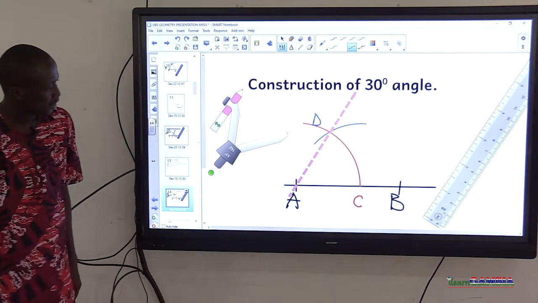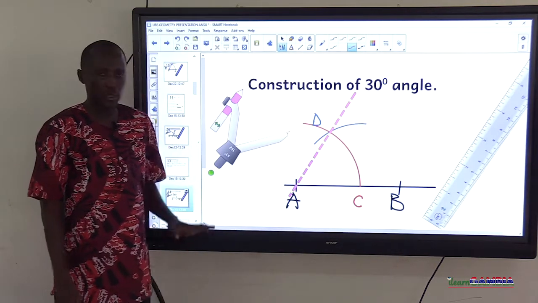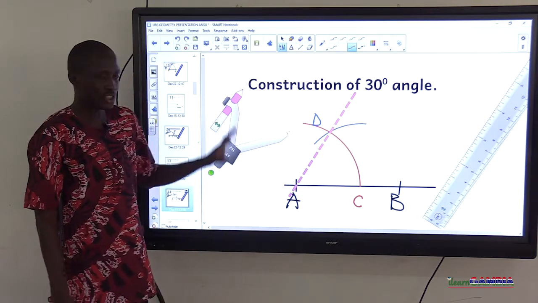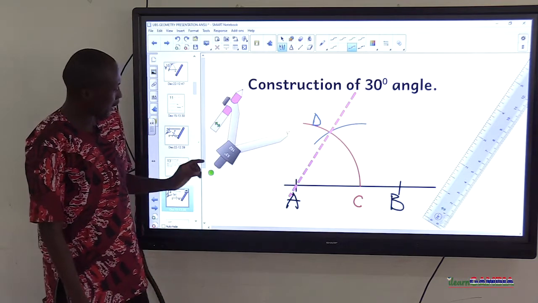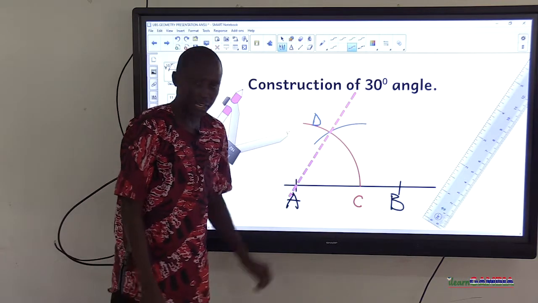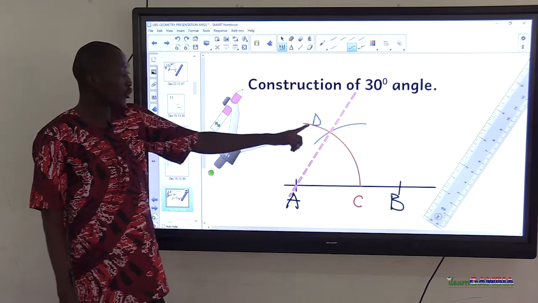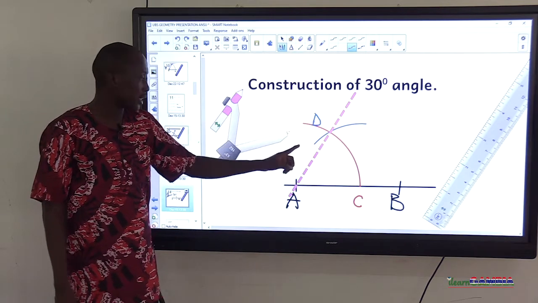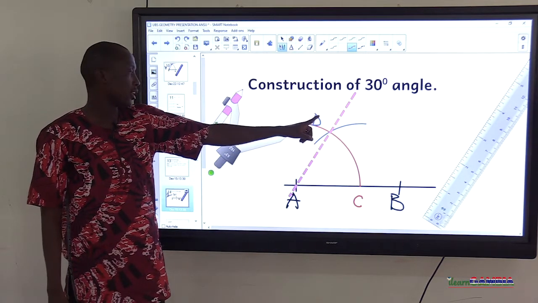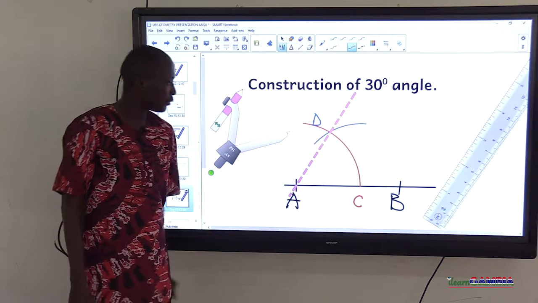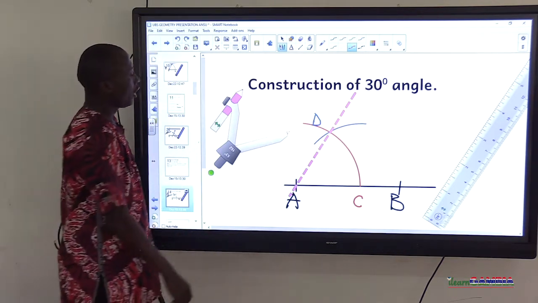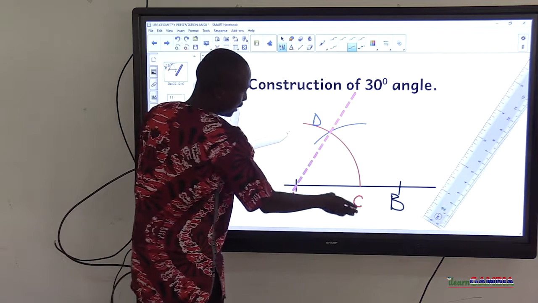Now, you can see the angle we have just drawn, it is 60 degrees. But why am I taking a different line? Because that is not the required angle that we want. That's why we are using this type of line which is broken. Okay? So now we have got 60 degrees.